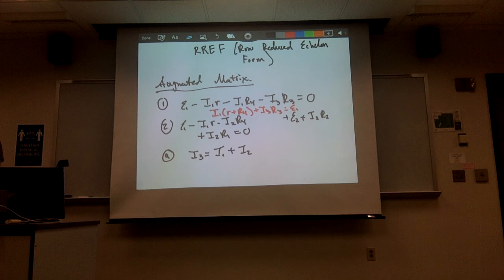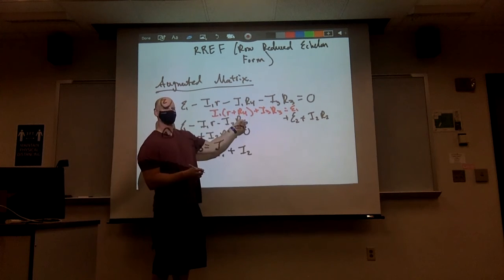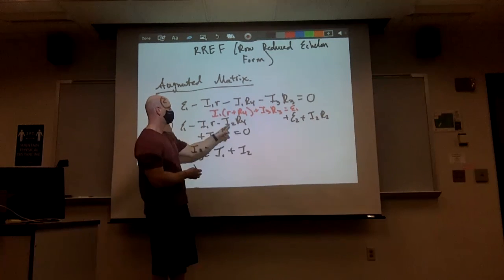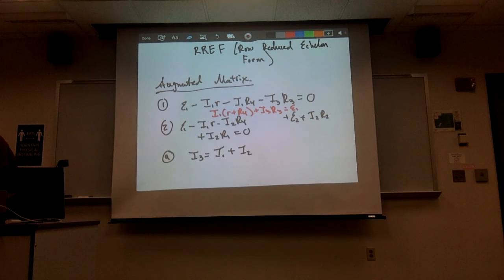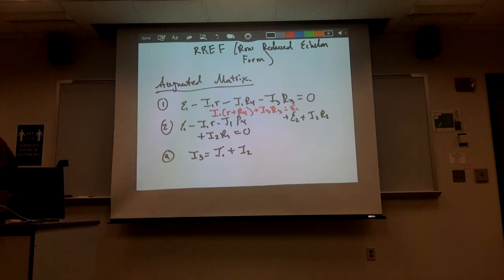In the second equation, yeah, but I'm factoring out the R1. That's why it's in parentheses. So the second one, you have I2 on four. Oh, yes. Sorry, I think I said R1, but anyways, yes.